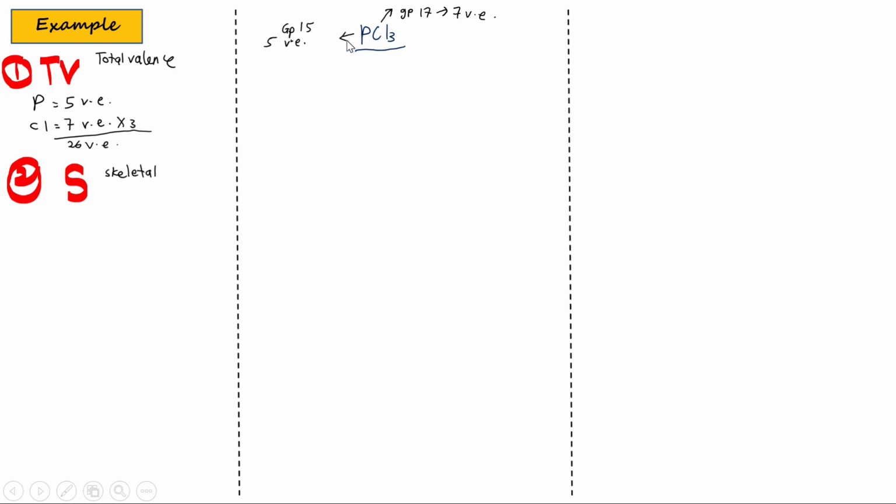Phosphorus is from group 15, so it is located in the far left of the periodic table compared to chlorine. So phosphorus is more electropositive. Therefore, who's going to be the central atom? Yes, phosphorus is going to be the central atom. Next, when we draw the skeleton, we need to draw the bonds connecting the central to the terminal atoms.